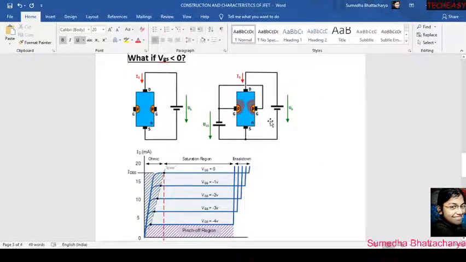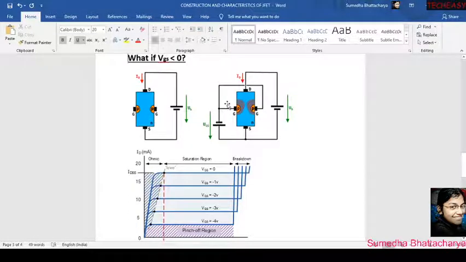But if VGS is connected with a battery like this and there is a potential difference, what can happen? Let's suppose there is no VDD. Let us consider only VGS or VGG here, and we are giving a potential of 2 volt.